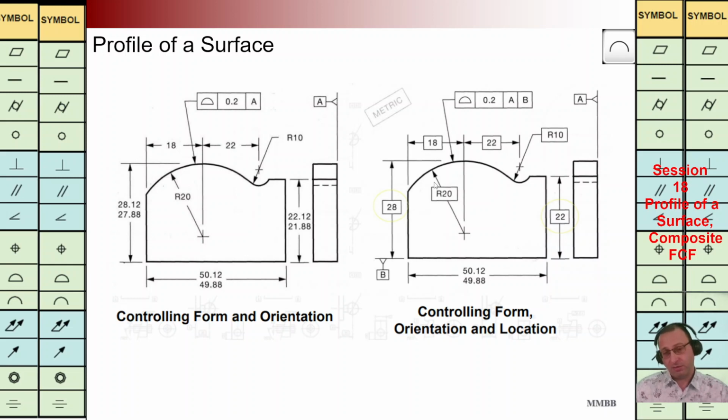But here at the right hand side, we can see beside reference plane A, we are going to have reference plane B here, and we have the basic dimension, as you can see 28 here and 22 here. We are going to implement this TZ for this basic dimension. In this way, we are going to control the location of this profile beside form and orientation.